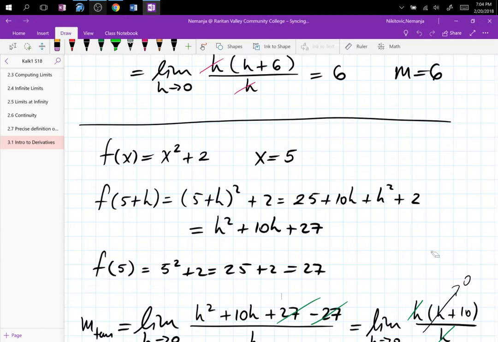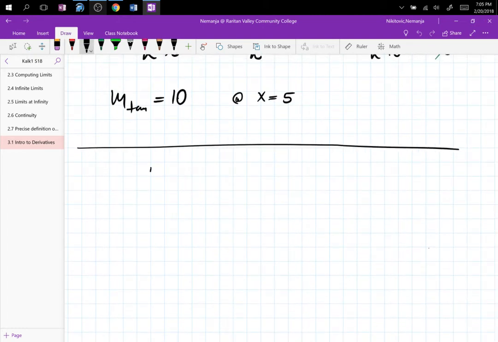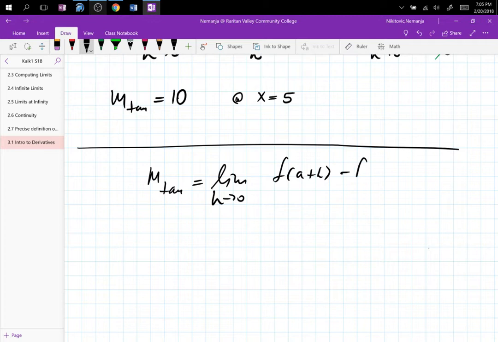Unless you solve the problem for all x's first without plugging in 5 or 3. Right? So you know what I'm going to do now? My good old m tangent, which was limit h goes to 0 of f of a plus h minus f of a over h.